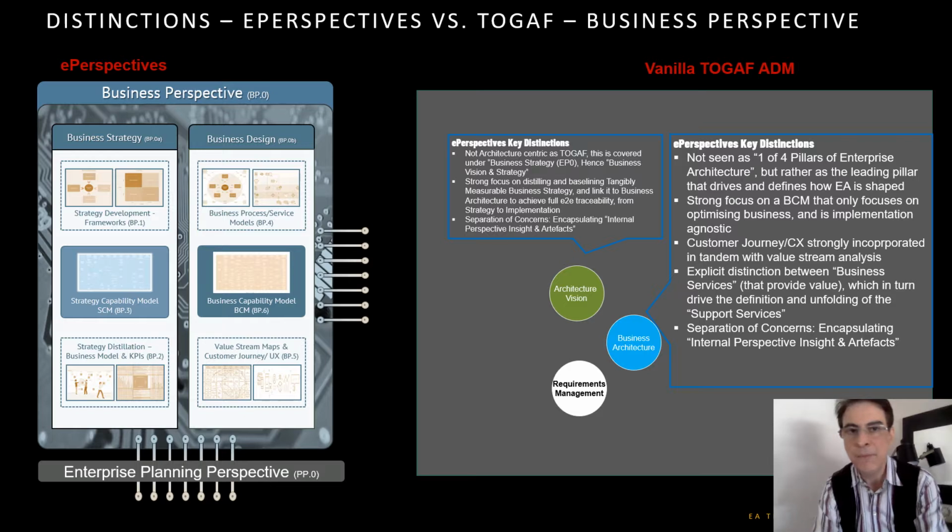So looking at the first perspective, which is the business perspective, if you look at TOGAF, some of the differences: TOGAF looks at business architecture as one of the three key modules of enterprise architecture, that is business architecture, information systems architecture, and technology architecture. There's a difference here.